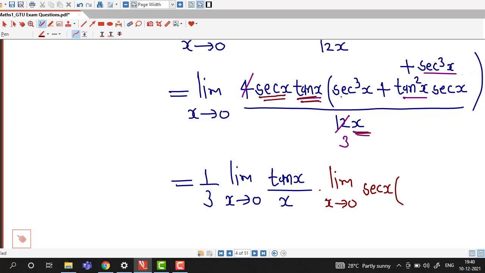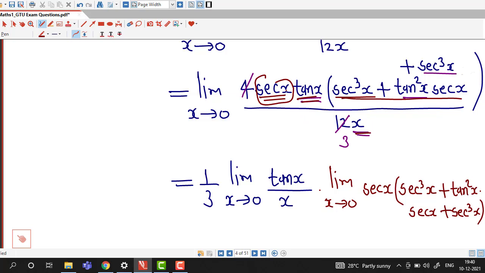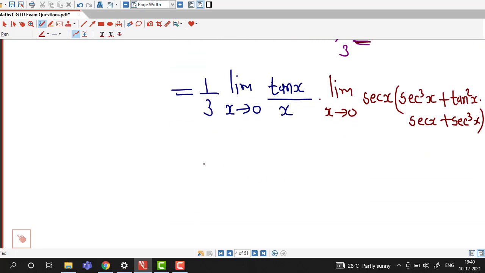Sec x is there. Here I have sec cube x plus tan square x into sec x plus sec cube x. Okay, so I am writing this bracket as it is, sec cube x tan square into sec x plus sec cube x and into sec x. So we are applying product rule.